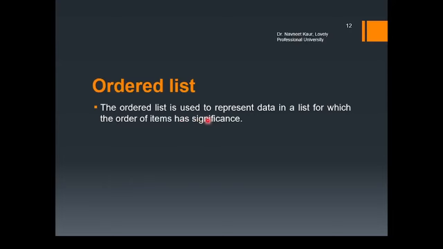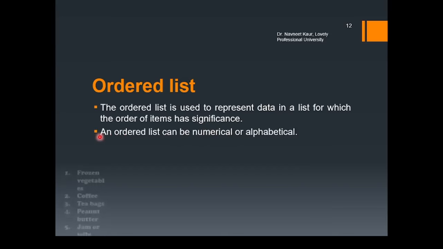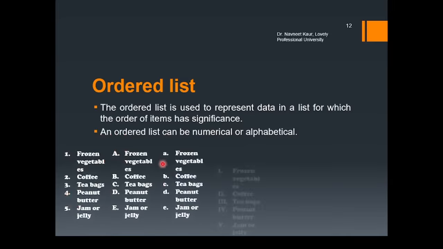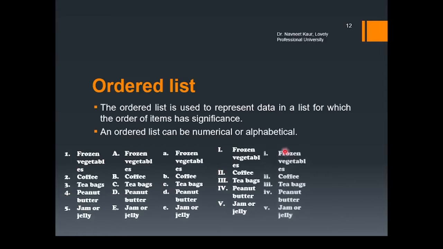The ordered list is used to represent data in a list for which the order of items has a significance. An ordered list can be numerical or alphabetical. So the items can be represented as numbers, uppercase letters, lowercase letters, uppercase Roman letters, or lowercase Roman letters.